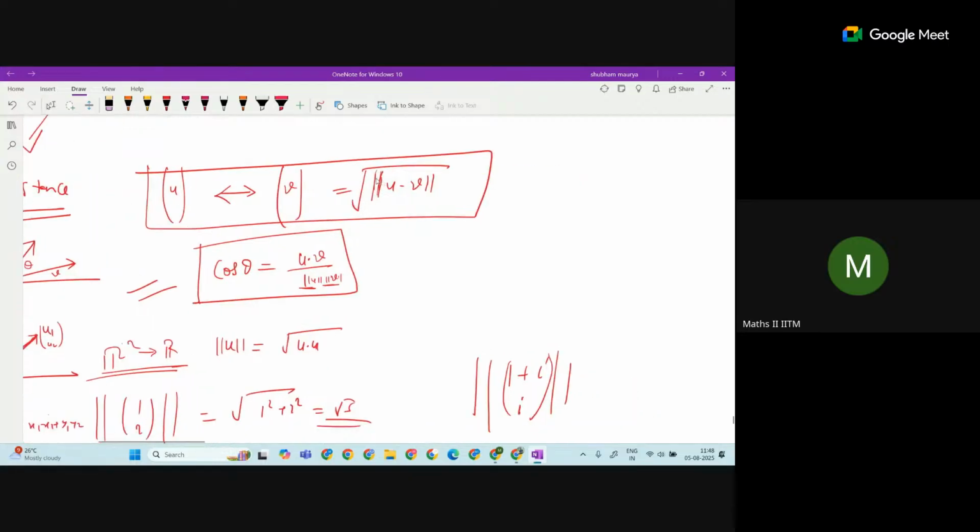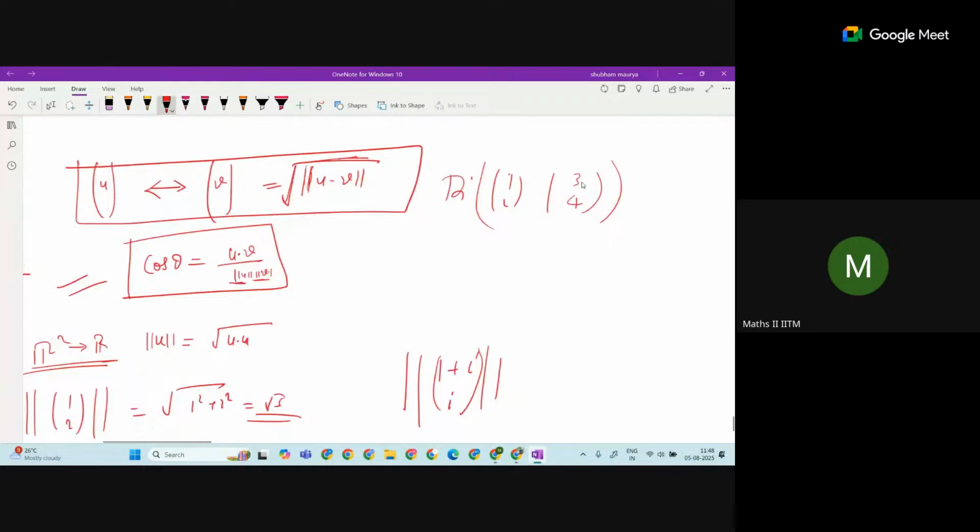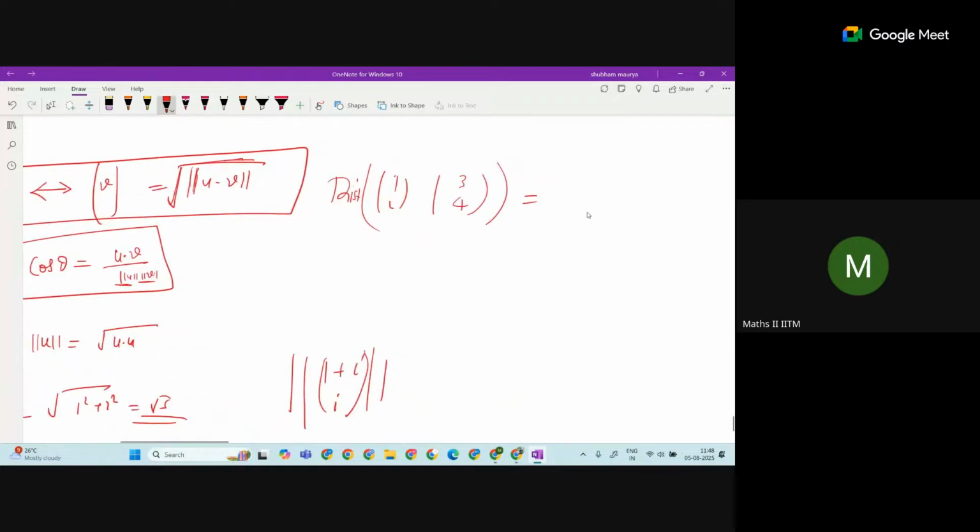Let's use this definition, exactly the norm of the vector u minus v. For example, let's say I have (1, 2) and another vector (3, 4). I want to find the distance between these two vectors. What is the distance? You will first find the subtraction. Let's say this is u and this is v.